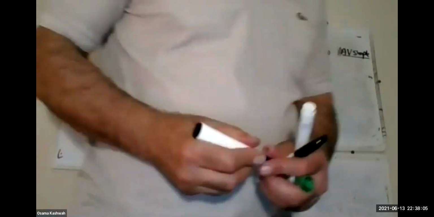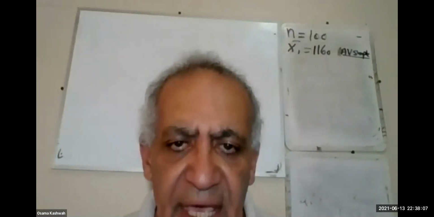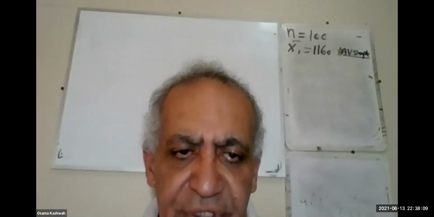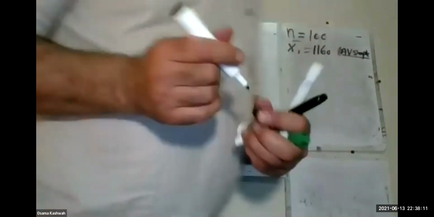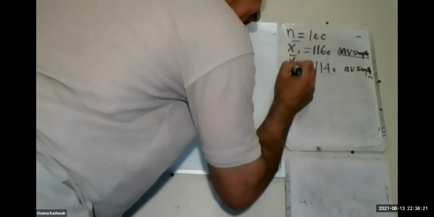Remember, this is the average of the sample, inside the sample. And that's 1140 for bulb 2. So x bar 2 is 1140. Again, this is the average of the sample. The sample, I give it x bar.